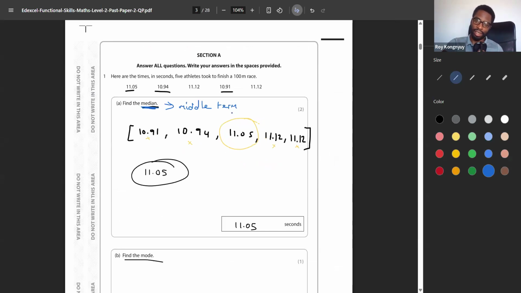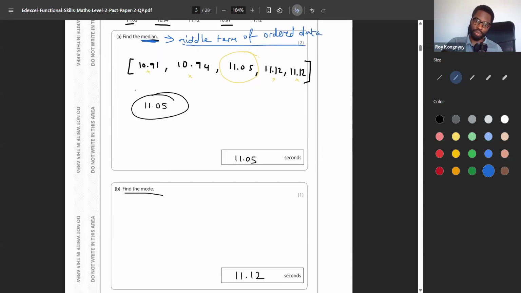But not just any middle term, the middle term when the data has been ordered. So yeah, that's it. You have to first order the data and then find the middle term. The mode, that is the most common value. This is the most common.